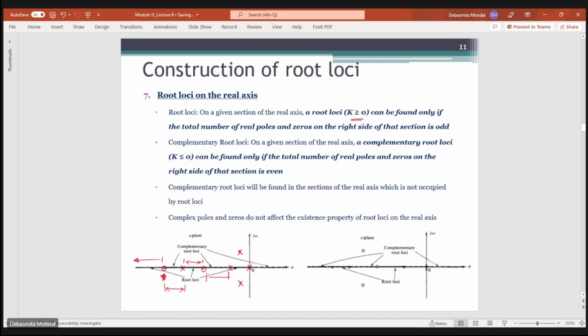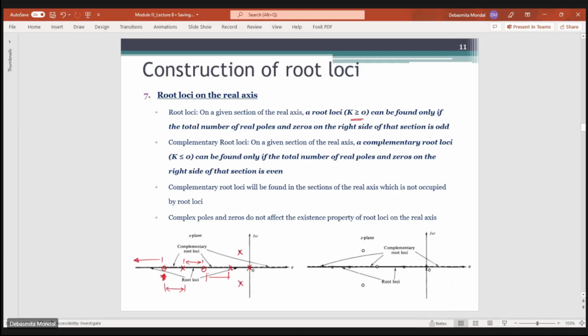Hence the name suggests it: complementary means wherever the root loci is not present on the real axis, you will find the complementary root loci over there. And also complex poles and zeros do not affect the existence property of the root loci on the real axis.